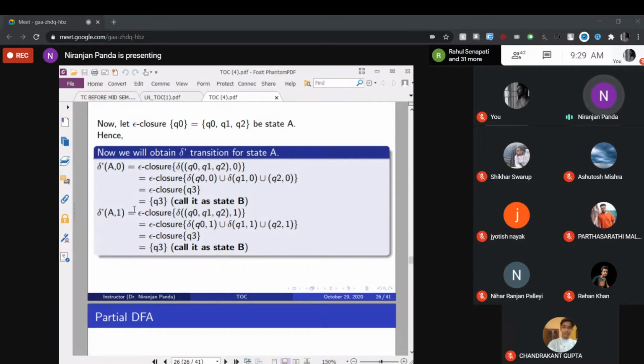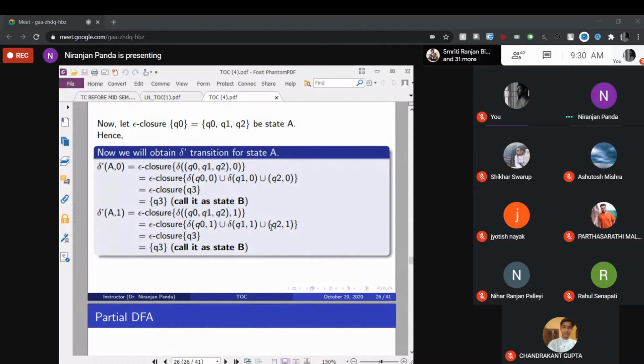Then del dash of A, 1: I find the epsilon closure of del of Q0, Q1, Q2 comma 1. Similarly, Q0, 1 is 5, Q1, 1 is 5, and Q2, 1 is Q3.